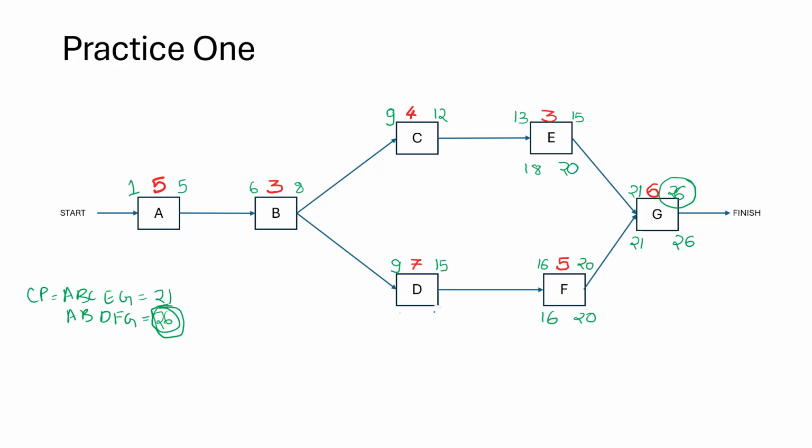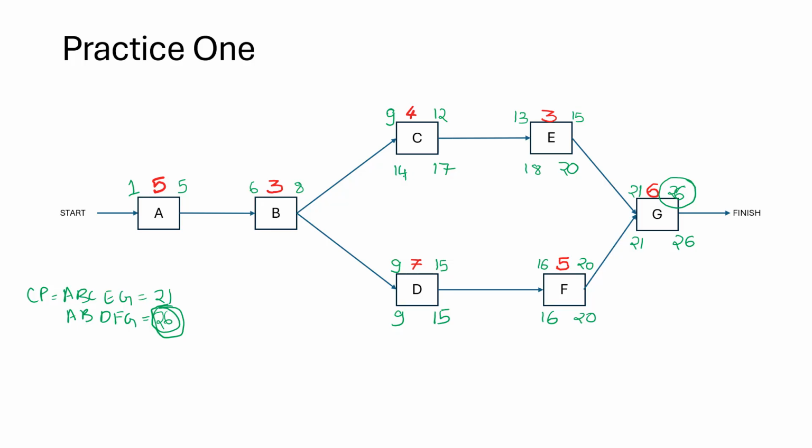And for D, late finish is 15. 15 minus 7 is 8 plus 1 is 9. And here it is 17. 18 minus 1 is 17. 17 minus 4 is 13. Plus 1 is 14. We come to a divergence point.